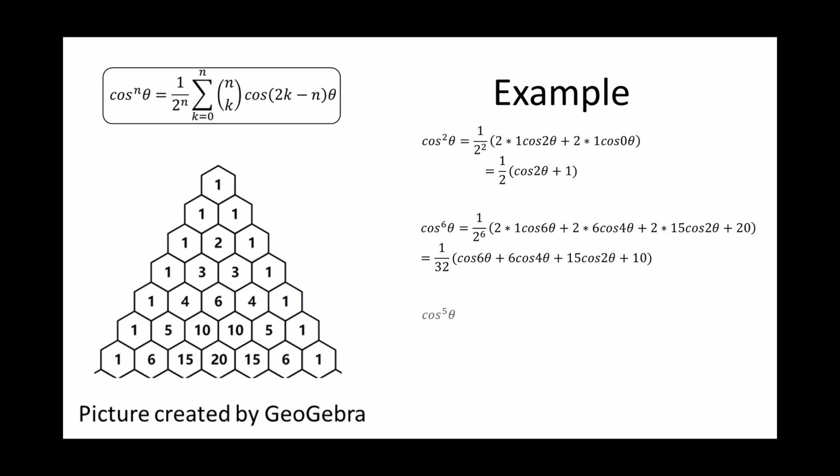We have seen cosine to some even power, but what if the power is odd? Well, it's actually super easy, since the odd power implies that there will be an even number of terms to sum, as a conclusion from earlier. So how does this benefit us? Well, now when we have an even number of terms, we get the nice symmetry property, since we don't have to worry about the binomial coefficient in front of the cosine 0.